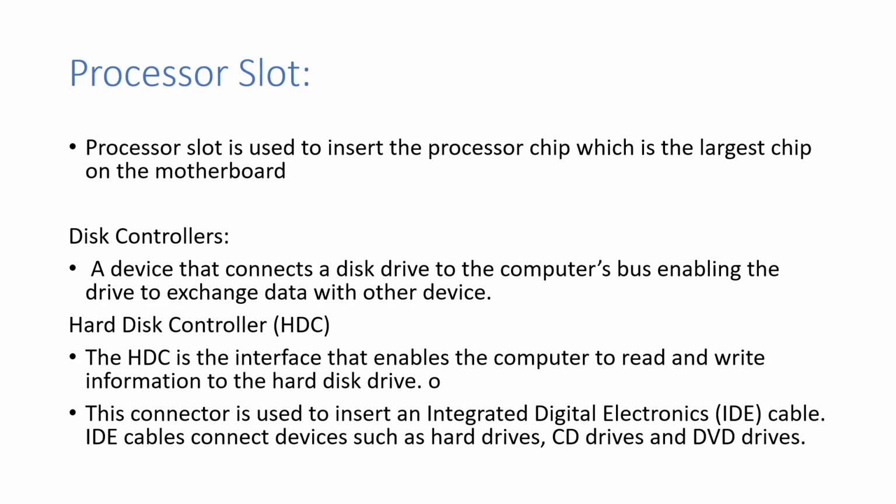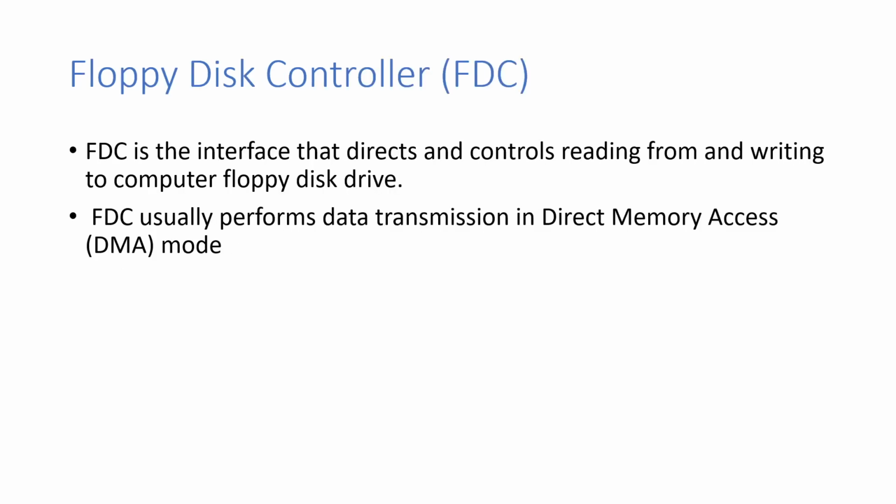Next, hard disk controller. The HDC is the interface that enables the computer to read and write information to the hard disk drive. For example, CD drives, DVD drives, IDE means integrated drive electronics. Next one is the floppy disk controller.